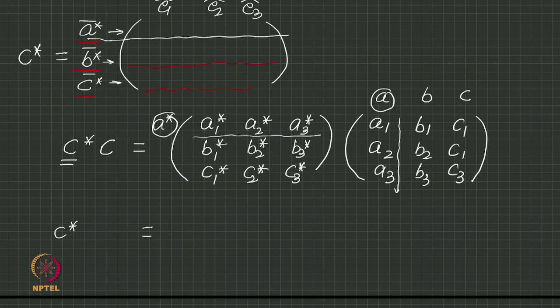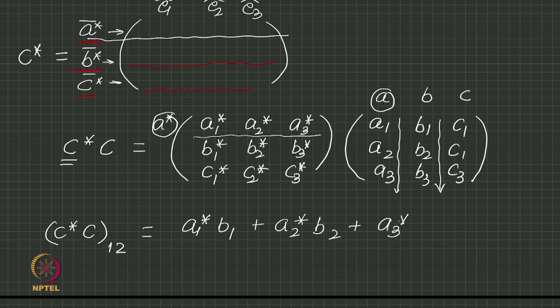So, when you multiply C star C, let us take a particular component, the 1 2 component. That is first row multiplied by second column. So, that will be A1 star B1 plus A2 star B2 plus A3 star B3.